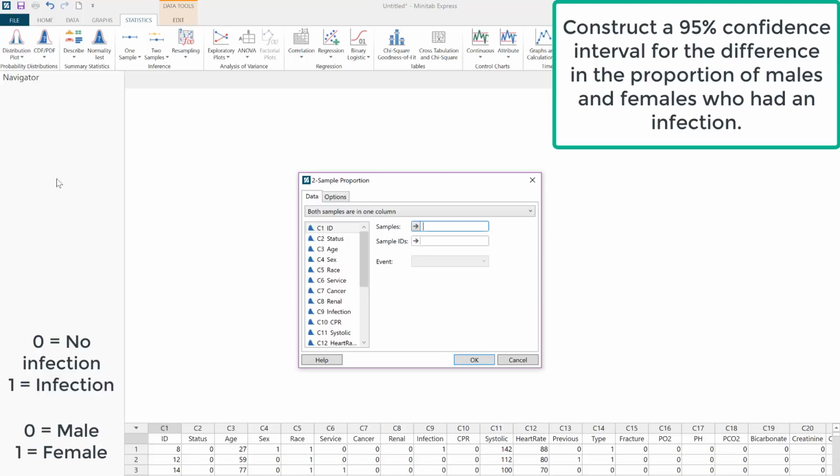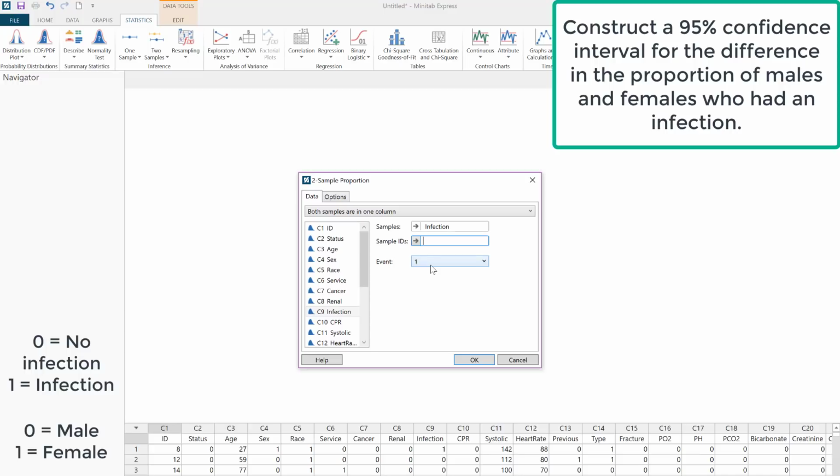The default is that we have both samples in one column. That is the case here. What that means is that we have one column with a response variable, which Minitab will call samples. That's the infection column. The event that we're calling a success is having an infection, which is infection equals 1.